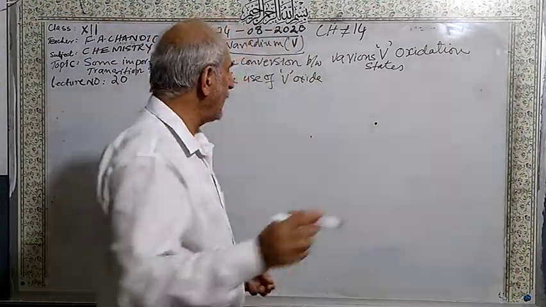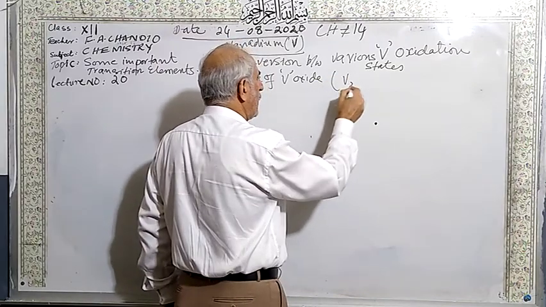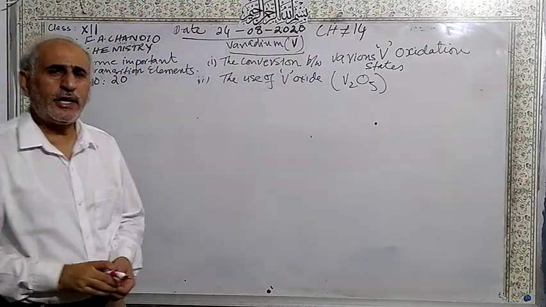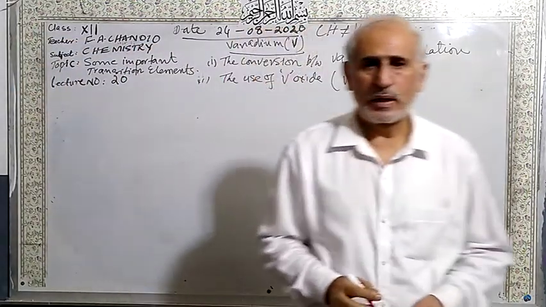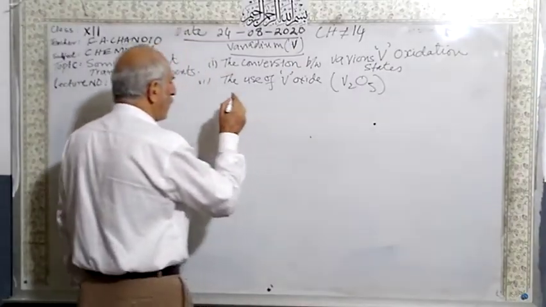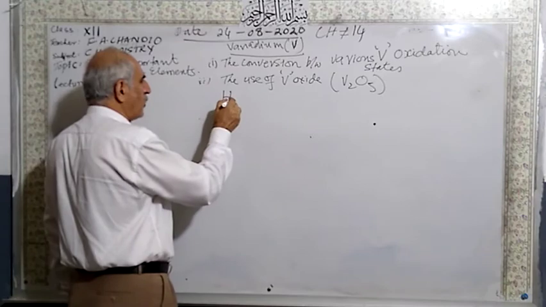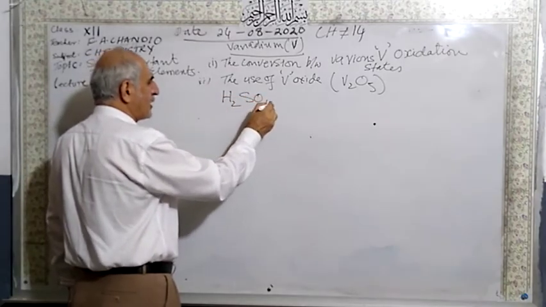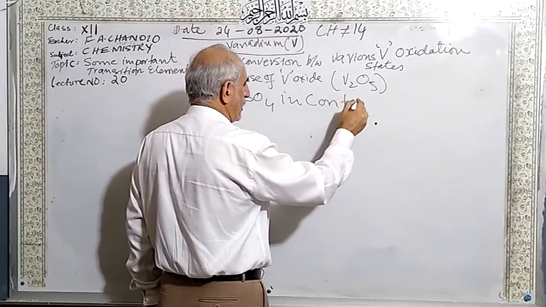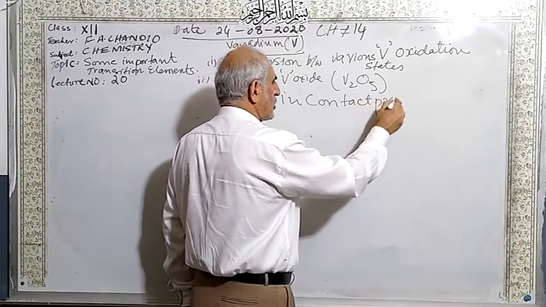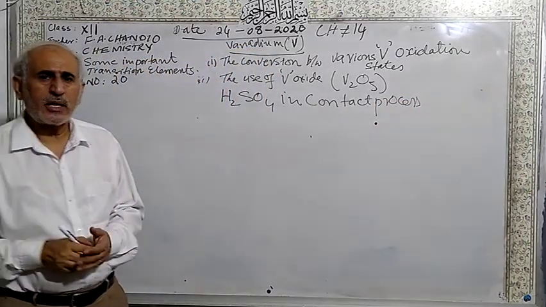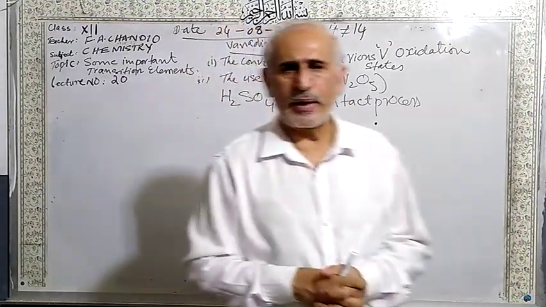Vanadium oxide, V2O5, we call vanadium pentoxide. This vanadium pentoxide is used for the preparation of sulfuric acid in the contact process, where 100% pure sulfuric acid is prepared.